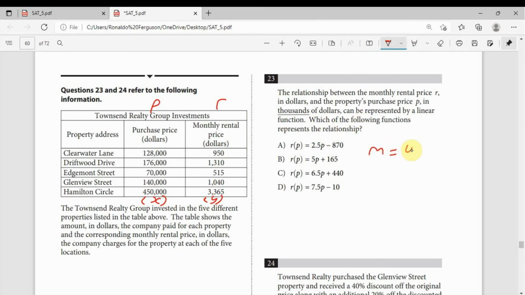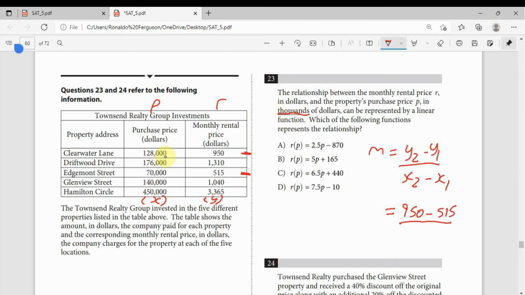Gradient, as we know, is y2 minus y1 over x2 minus x1. These are our y values. I'm going to use the two smallest y values because I don't want to use any big numbers. So that would be 950 minus 515 over x2. Notice they said that x is in thousands of dollars.